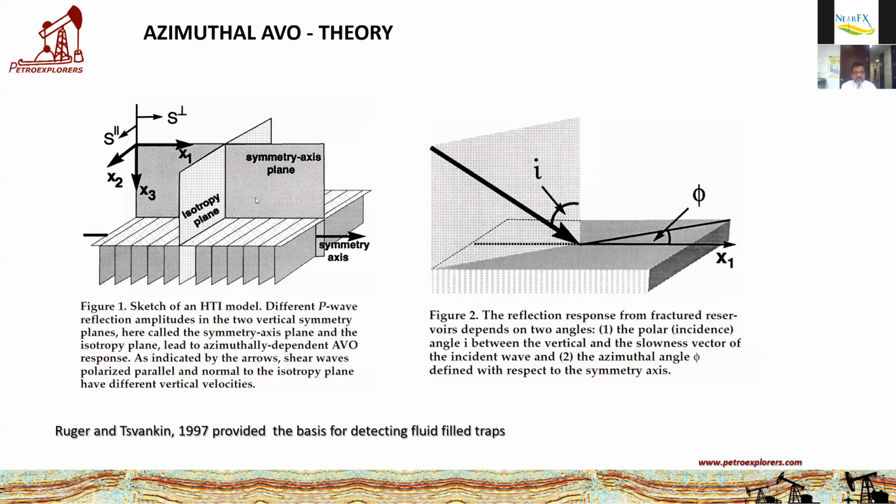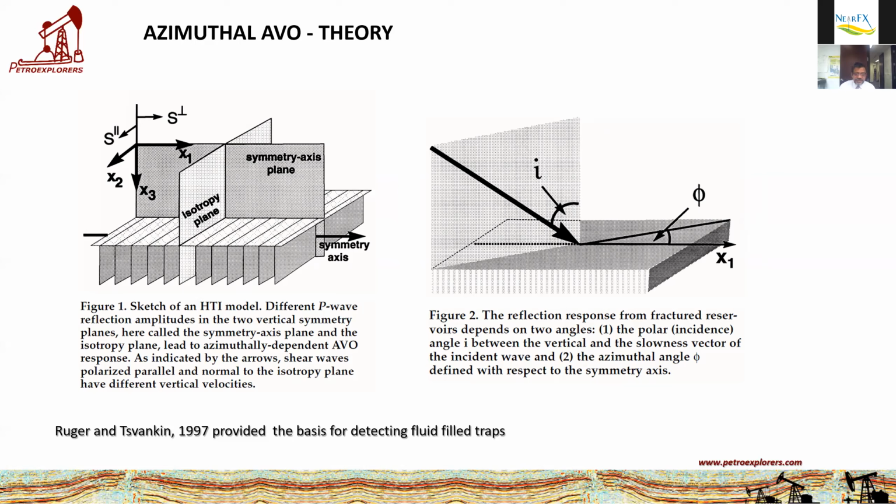In addition to velocity variation with azimuth, V fast and V slow usually give you this direction, but azimuthal AVO will give you the planes where fluid-filled, especially gas-filled, faults will create the AVO response, versus along the faults which are not fluid-filled, or which are wet, where you would have a low AVO.